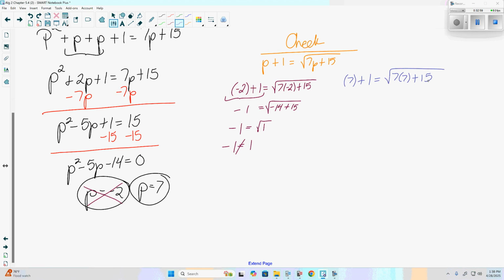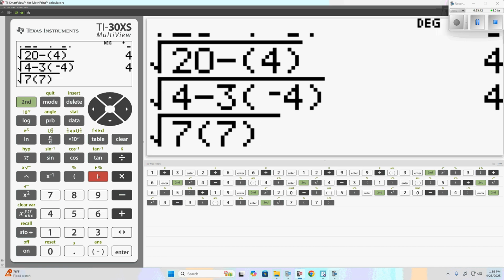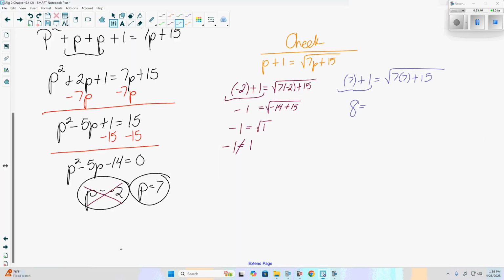Now we can also try 7. Now on the left-hand side, it's kind of nice. 7 plus 1 is 8. On the right-hand side, we'll do it in the calculator this time. Square root of 7 times 7 plus 15 is 8.